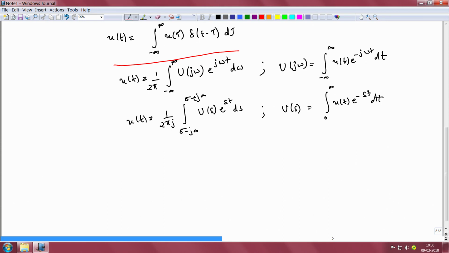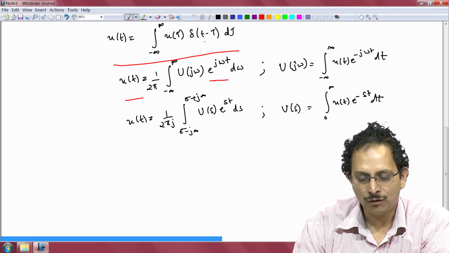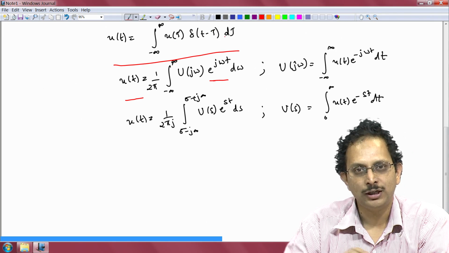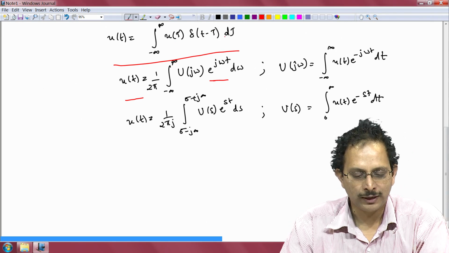So we tried to represent u of t in terms of other more benign functions, and this was what was accomplished by using Fourier transforms. We were able to represent u of t once again, this time not in terms of delta functions but in terms of complex exponentials e power j omega t. So just as in the previous case, delta of t minus tau had to be taken in the proportion u of tau times delta tau and added up to get u of t.